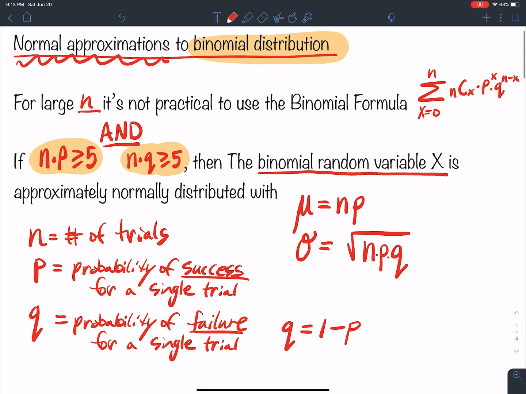If I'm going to use the normal to approximate the binomial, what I have to check here is that both np and nq, when I multiply those numbers together, are greater than or equal to 5, okay? That is what I'm checking. So before you work your problem, you always check this first, because if this isn't satisfied, it doesn't matter what the rest of the problem says. You can't use the normal to approximate the binomial.